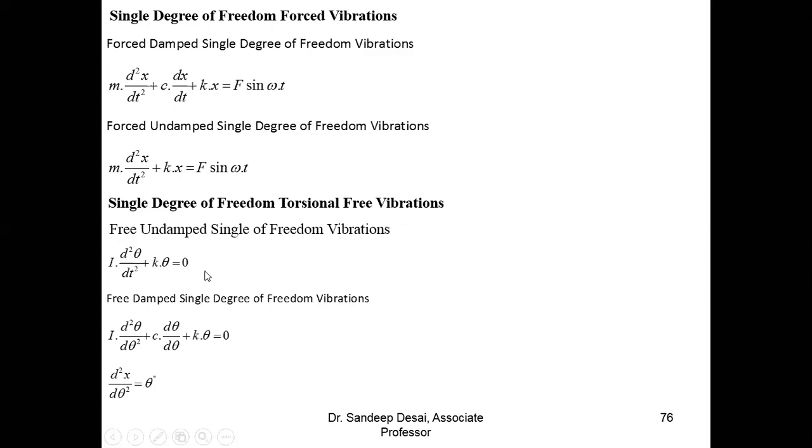These are all torsional vibrations. How can it be recognized or identified? Because there is I and theta in place of m and x. So it is d square theta by dt square, that is theta double dot, and d theta by dt is theta dot.